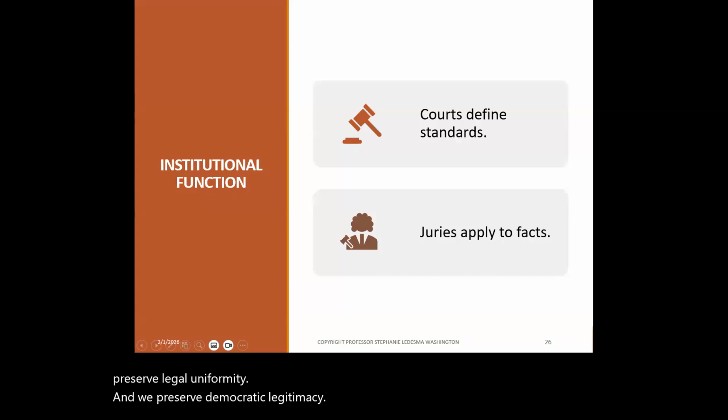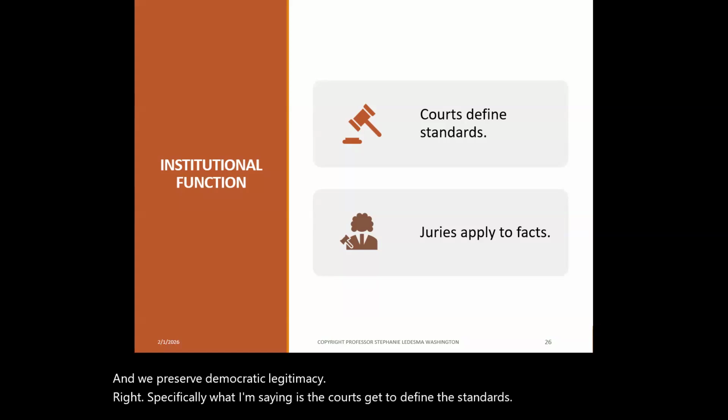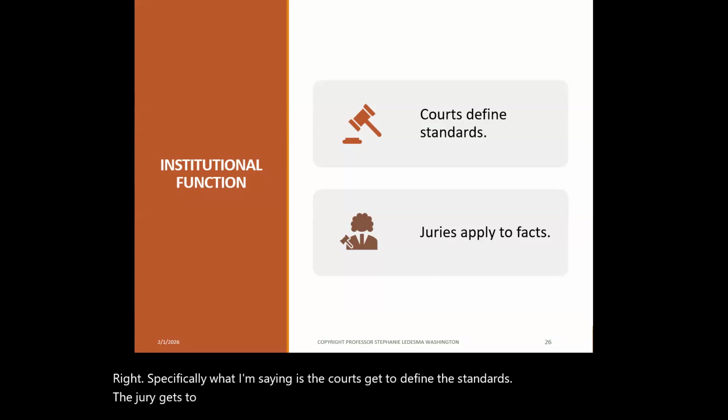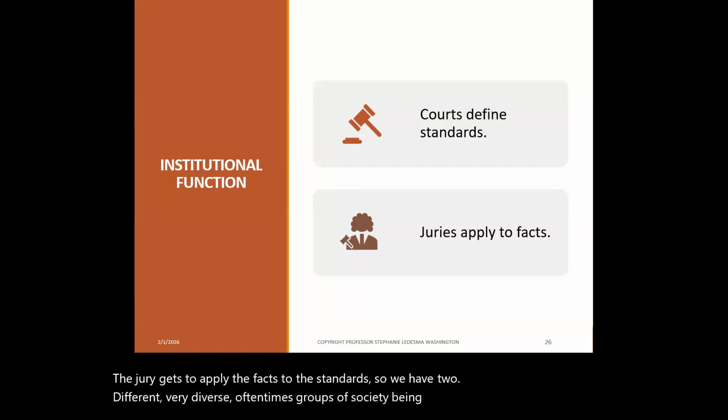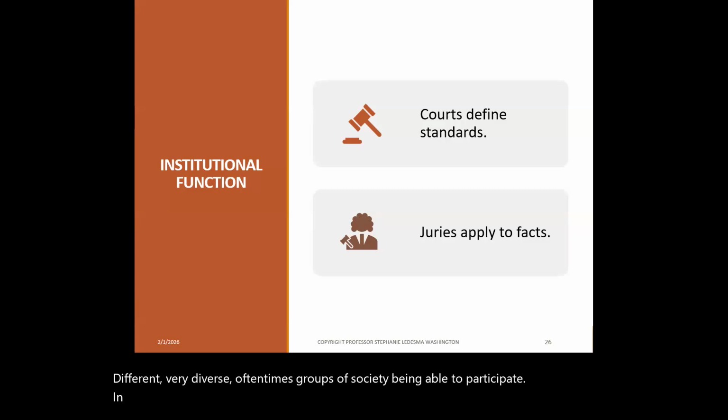Specifically, what I'm saying is the courts get to define the standards. The jury gets to apply the facts to the standards. So we have two different, very diverse, oftentimes, groups of society being able to participate in what society deems to be an appropriate measure of law, right?